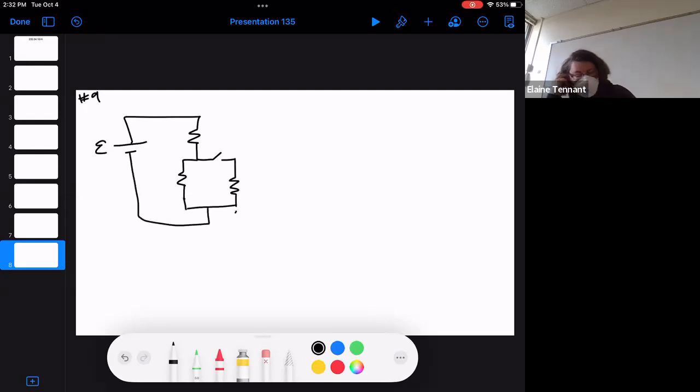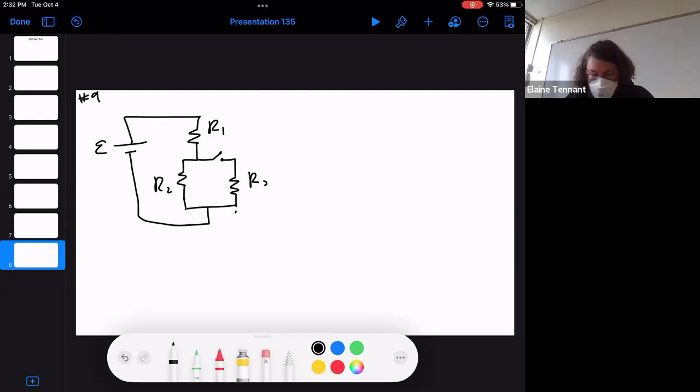We have this: I have a battery hooked up to 3 resistors, R1, R2, and R3, like here. And I have this switch where, if I open the switch, current can't get through that branch. And if I close the switch, current can get through that branch.